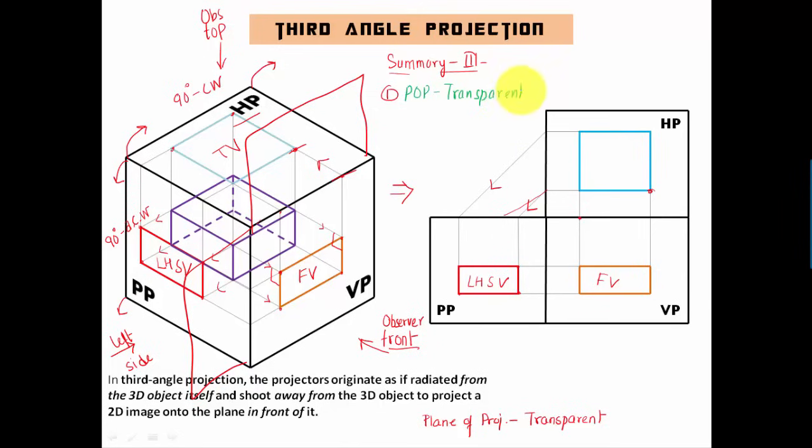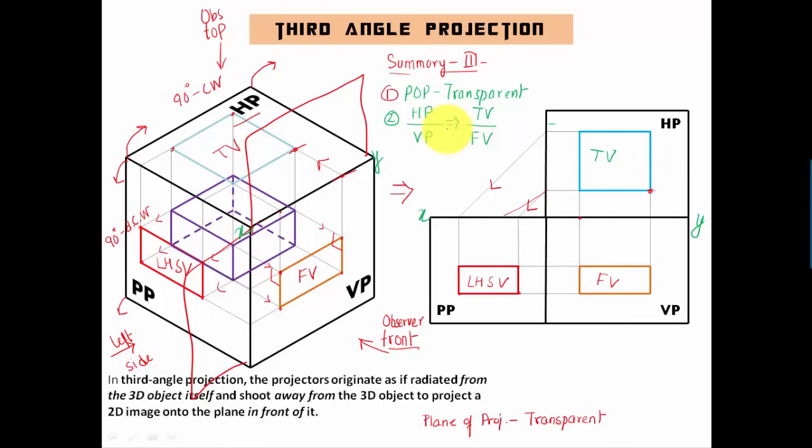The next important thing is, when you rotated this, if you have an XY line, the intersection of the horizontal as well as vertical plane, what happened is the horizontal plane came above the XY line and the vertical plane was below. The second thing is, when you speak of the views, we have the top view above the XY line. This is also a difference, and the front view was below the XY line. So these are the two important points which come out as far as third angle projection is concerned.